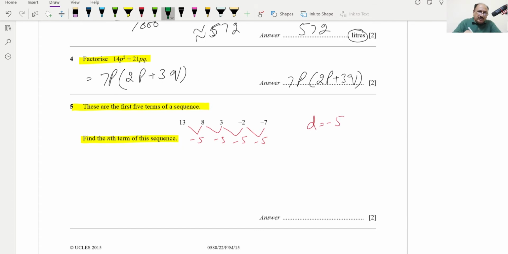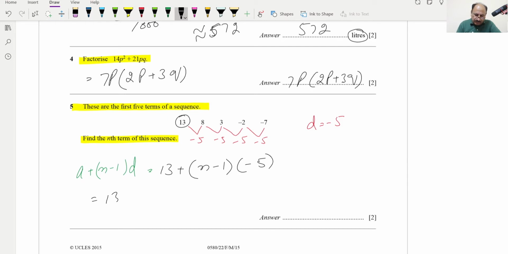Now we can write down the formula, for example, A plus n minus 1 into D. This will be the nth term formula. A is 13, plus n minus 1 into D, which will be minus 5, and which we can further simplify as 13 plus minus 5 multiplied by n minus 1.